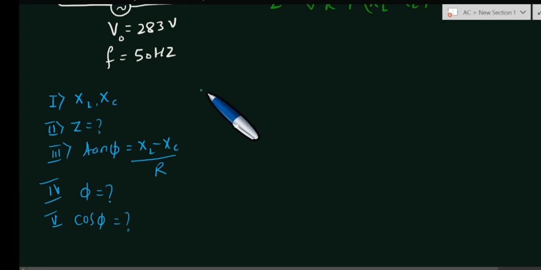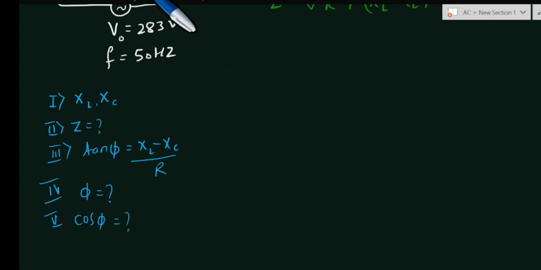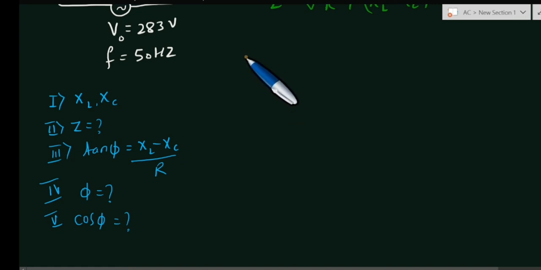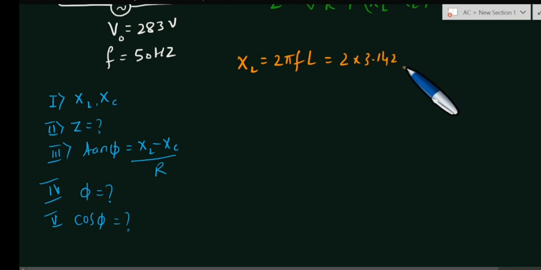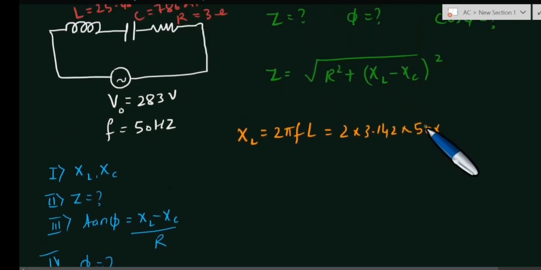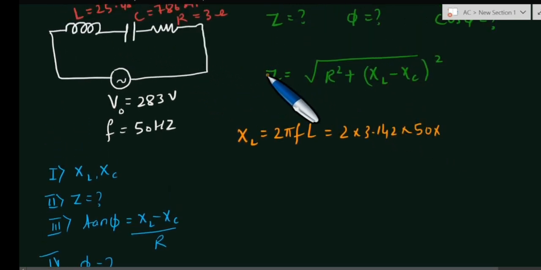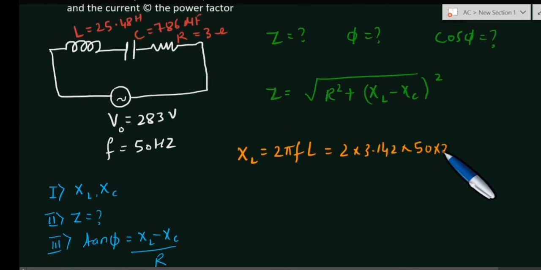So now we will go step by step. The first step, XL and XC. XL is equal to 2 pi f into L. That is equal to 2 into 3.142 into f value they have given, that is 50 Hertz, into the value of L, which is given as 25.48.